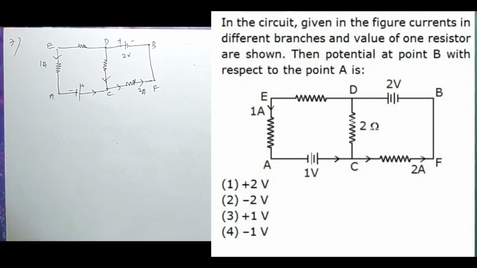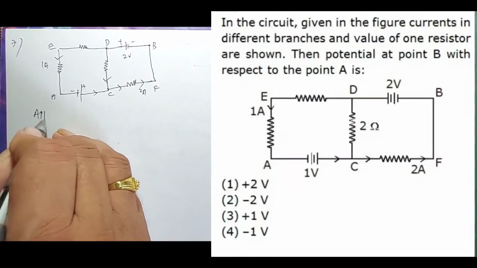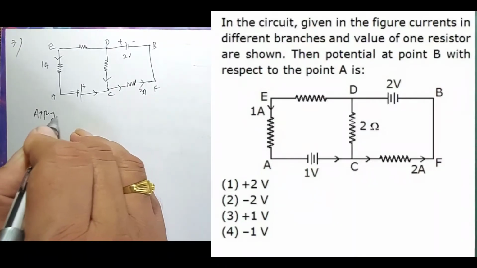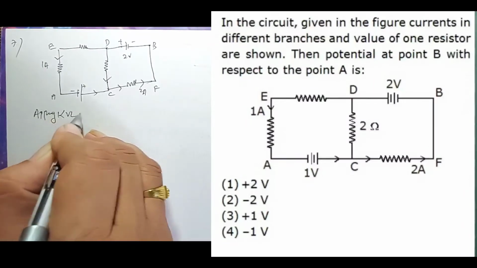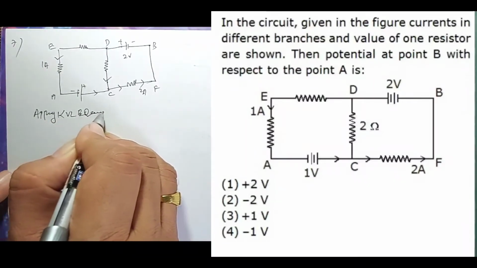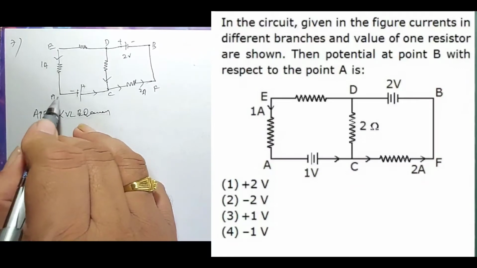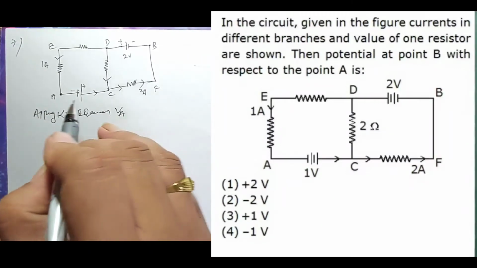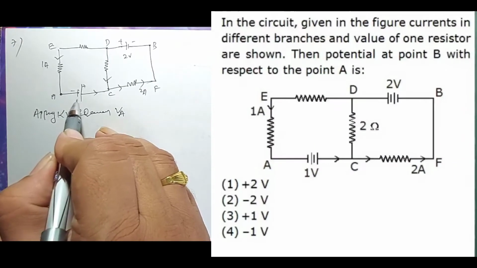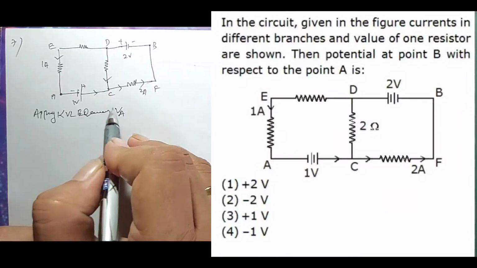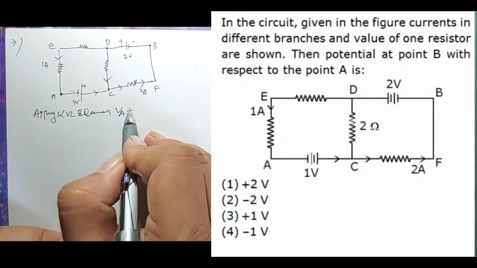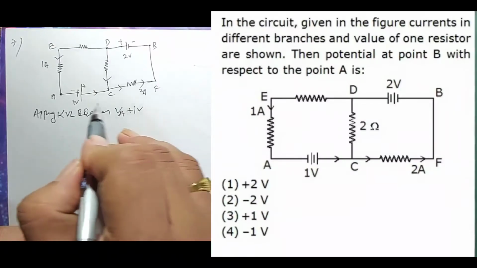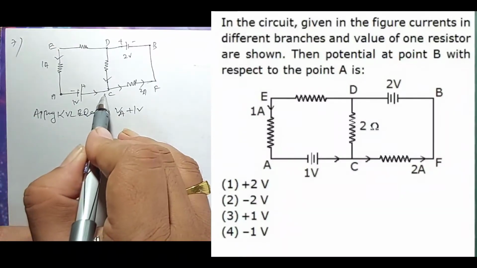So apply the KVL equation. Now we start from point A, so VA. Inside the battery we are going from negative to positive, so that is 1 volt. This is 1 ampere current.